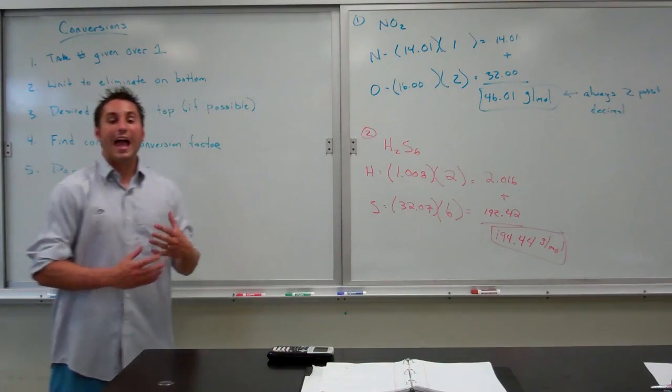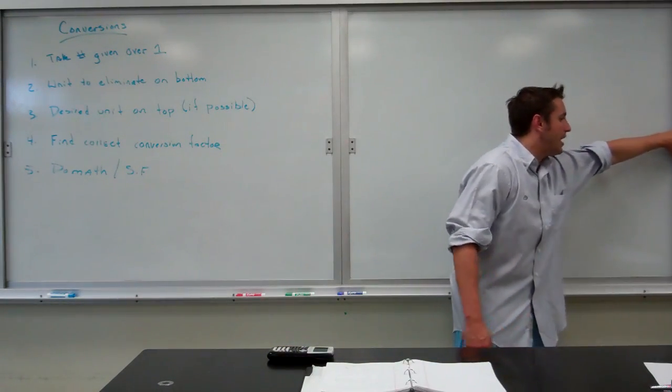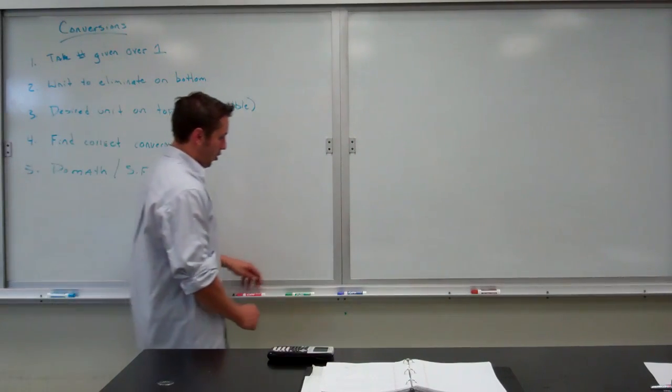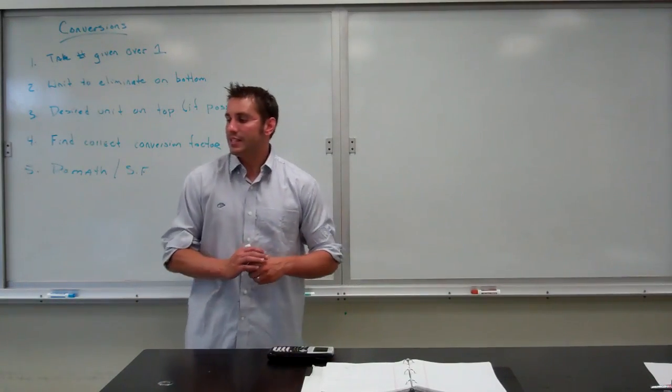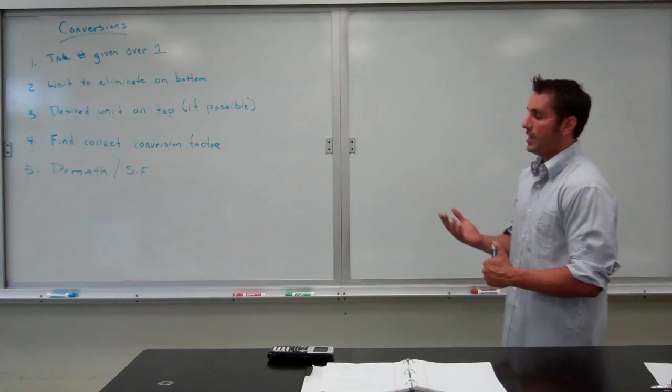And now let's take a look at what some simple conversions will look like for grams to moles. On the second sheet that you are hopefully looking at, you will see that example 3 says: how many moles are there in 7.64 grams of helium?